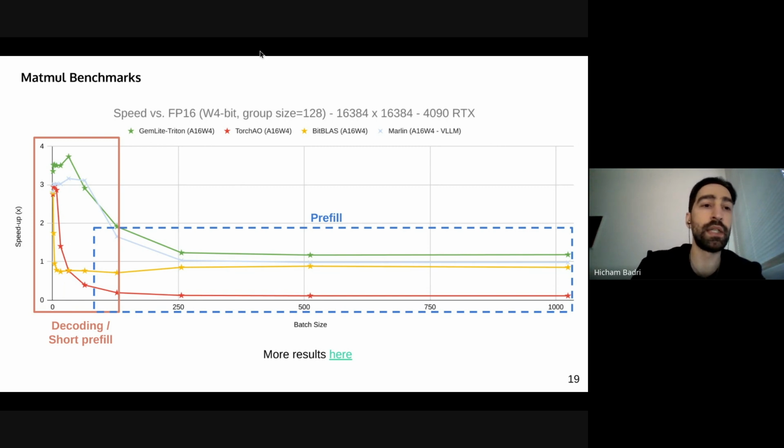So what is interesting here, and obviously this is what you would expect if your kernel is working properly, is that when your batch size is small, you will get a big speed up. So here, 3.5 for 4-bit, max. And then the speed up goes down as your batch size increases, because here you're compute bound.